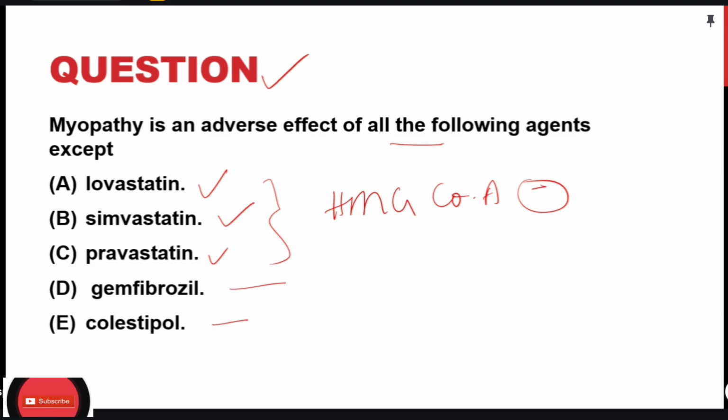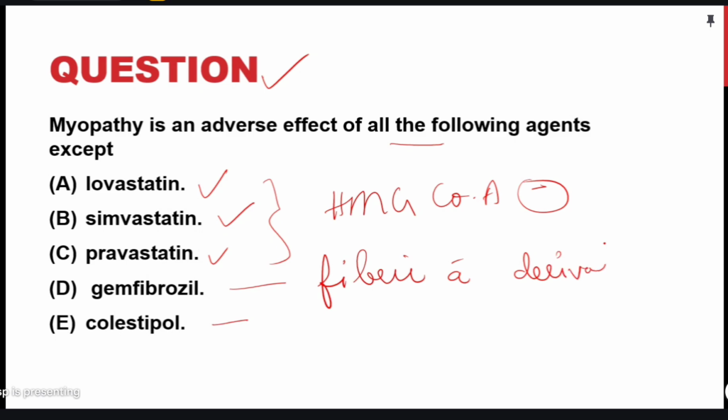Okay, so here from these options, lovastatin, simvastatin and pravastatin are HMG CoA inhibitors, and by that they decrease the cholesterol synthesis in the body. And gemfibrozil is one of the drugs which is categorized under fibric acid derivatives.